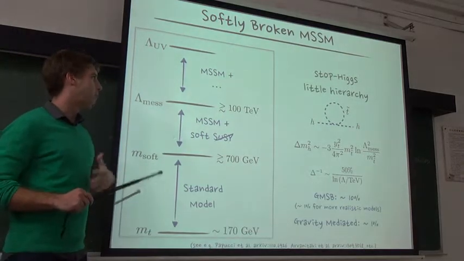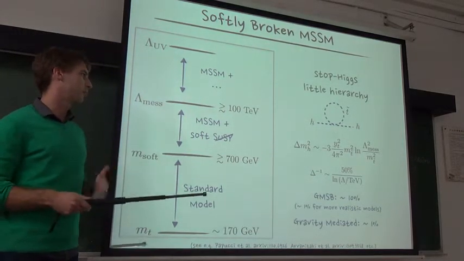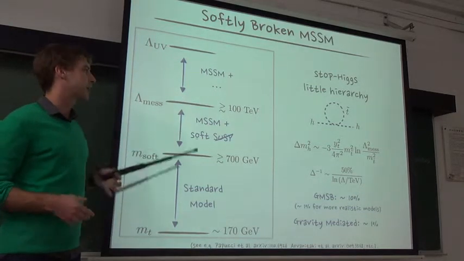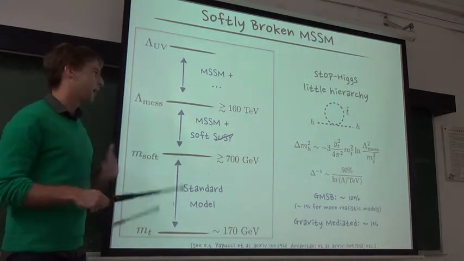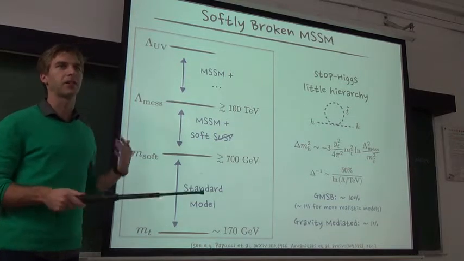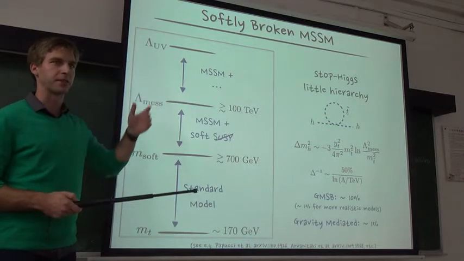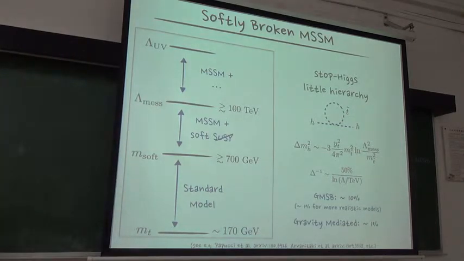So in many models of supersymmetry breaking where you have this hidden sector, the scale of communication of SUSY breaking is greater than 100 TeV, and in many cases as high as close to the GUT scale or Planck scale. So this is what's causing the tuning problem in these models.